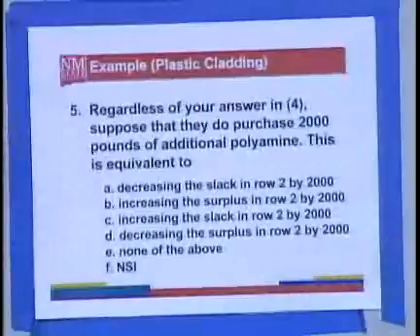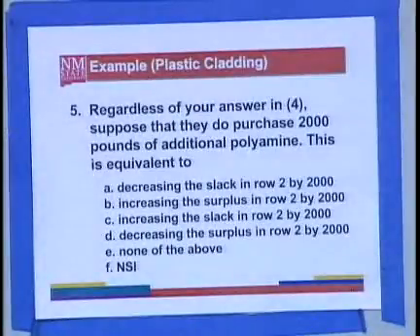Okay, what about number 5? Regardless of your answer in previous question number 4, suppose they do purchase 2,000 pounds of additional polyamine. Which of the following is equivalent to this?